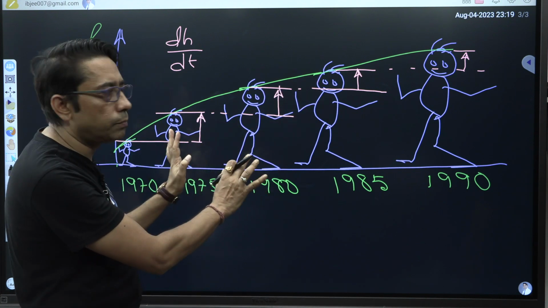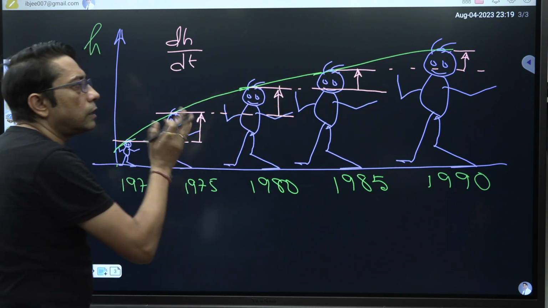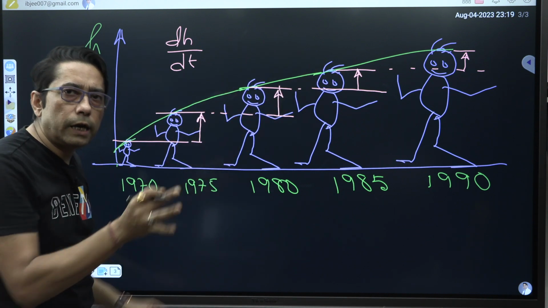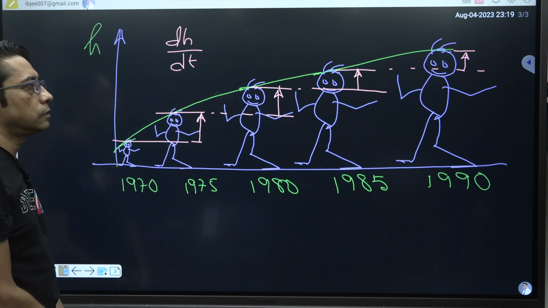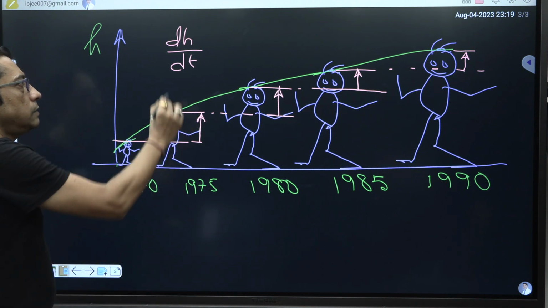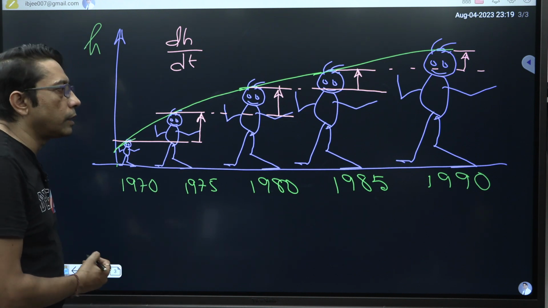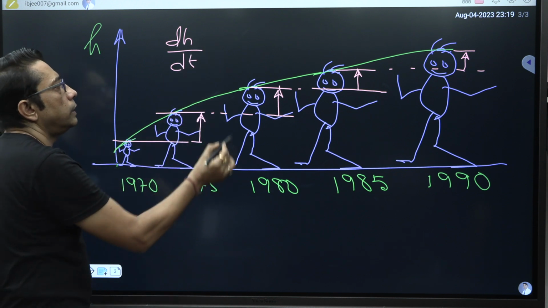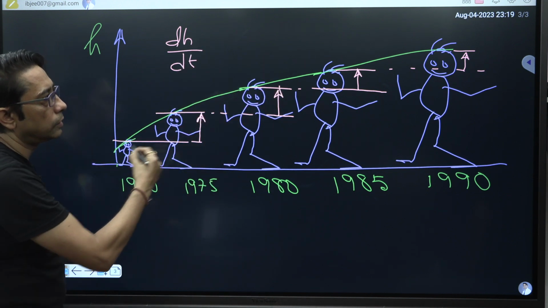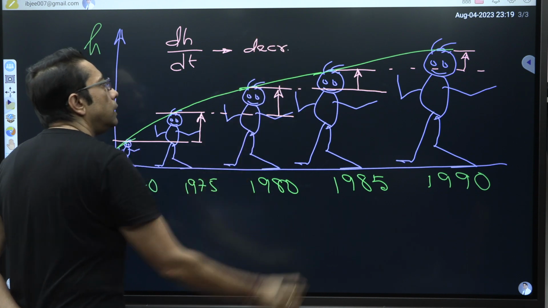But for a fun example, I have taken this. Look at the green part of the graph drawn only, and from that you tell me the answer. From the green part of the graph, has the rate of change of height of Shah Rukh Khan been increasing or decreasing? dH by dt. From the graph only, it is decreasing.